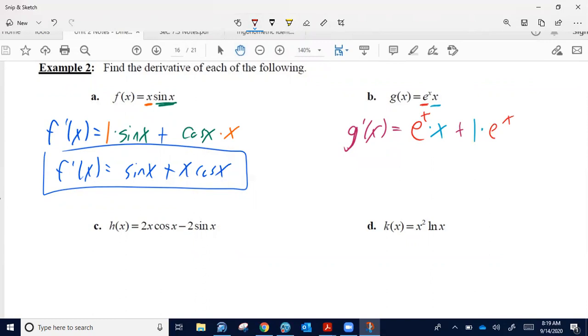So we get e to the x times x plus 1 times e to the x, or cleaning this up a little bit, g prime of x is x e to the x plus e to the x.